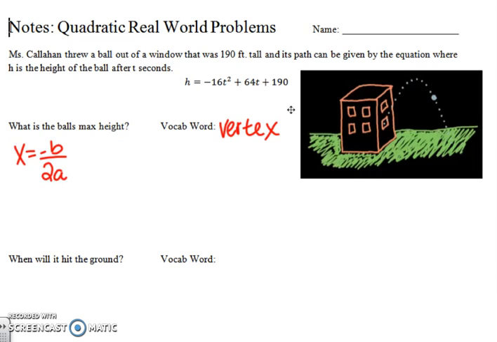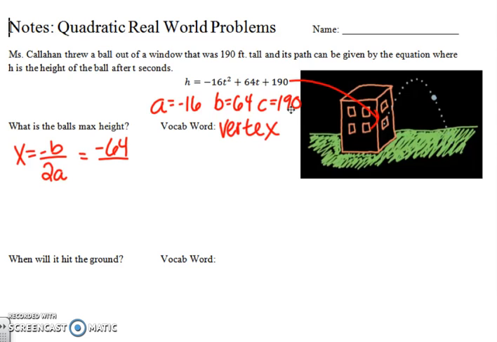So first off, your a is negative 16, your b is 64, and then our c is 190. So again, our y-intercept would be at the very end, so it's where I'm standing before I throw the bowling ball. So let's find the axis of symmetry so we can find the vertex. So I'm going to start off with negative 64, since my b was positive.